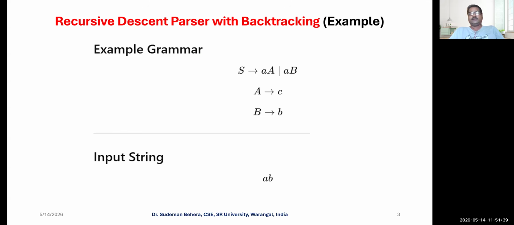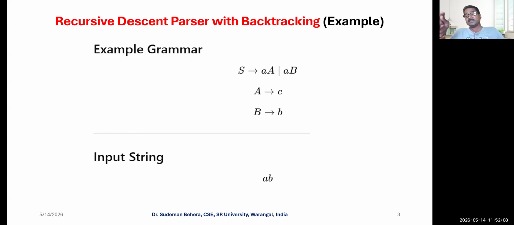So here many productions are given. Ultimately 2 productions are given. The parser needs to choose any one. Let us say that the parser chooses the wrong production, that is S derives small a followed by capital A. Then later on, capital A needs to be replaced by C. And what will be the output string it will get?